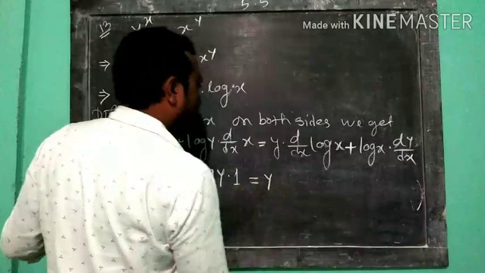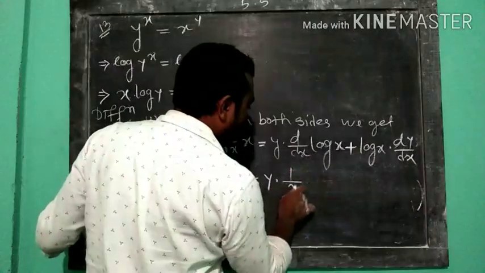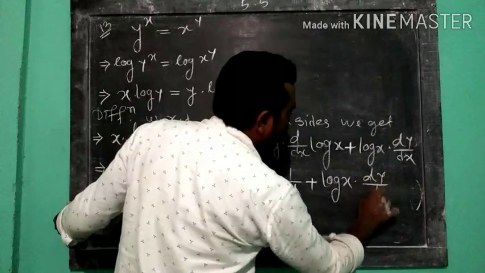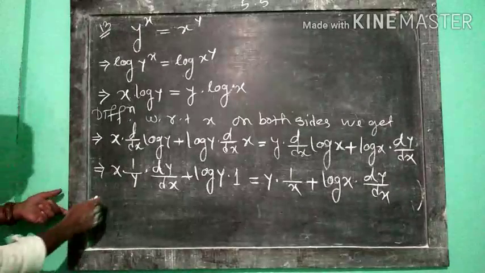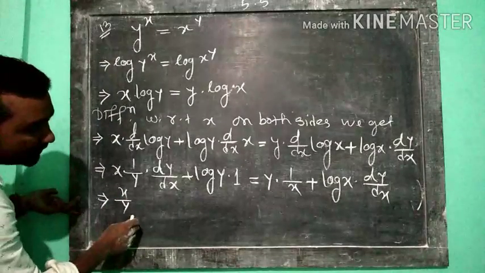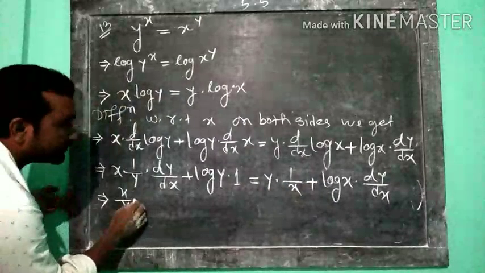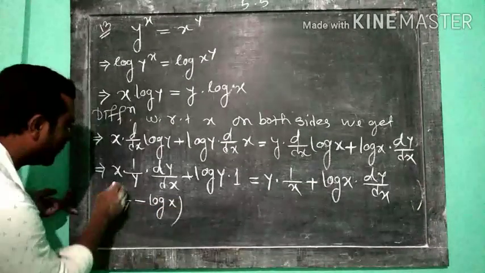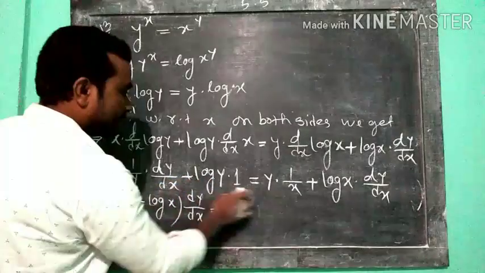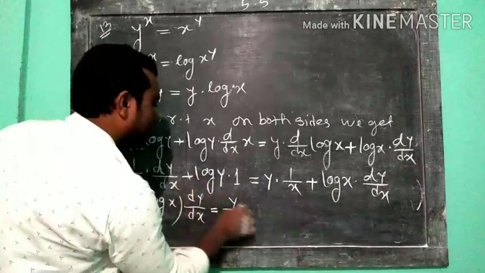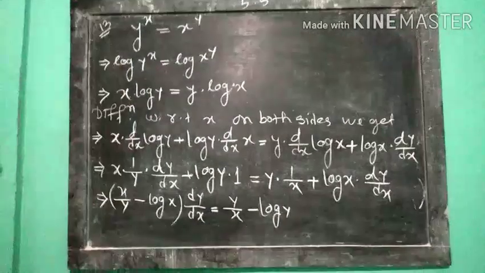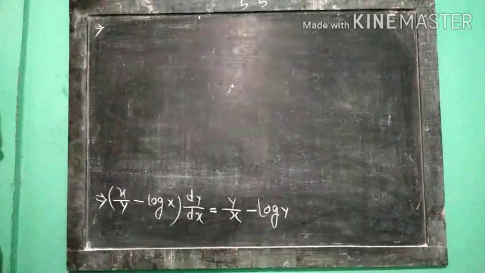This is equal to y, d/dx of log x is 1 by x, plus log x into dy/dx. So x by y minus log x whole into dy/dx is equal to y by x, changing the sign, minus log y.